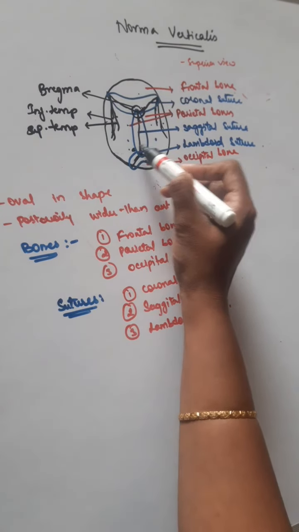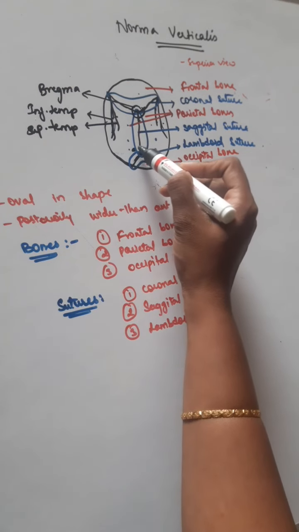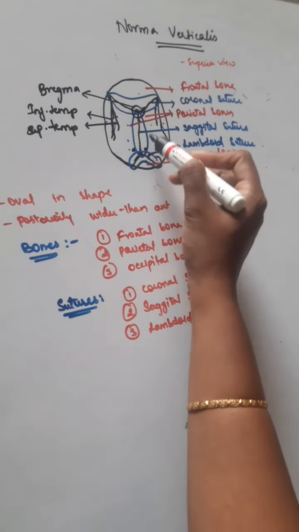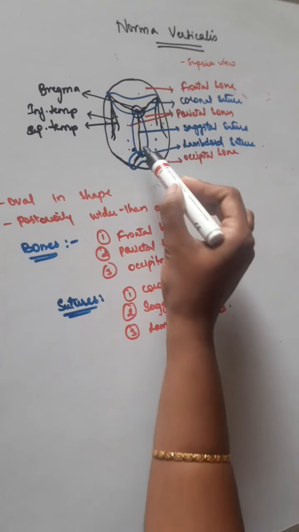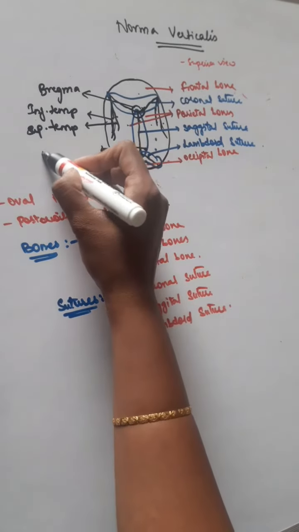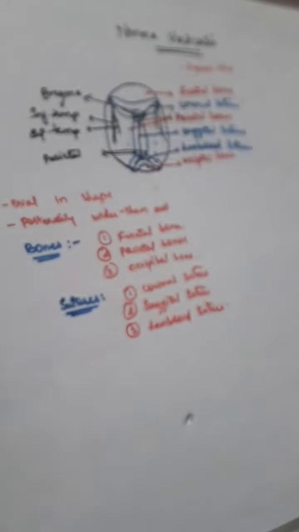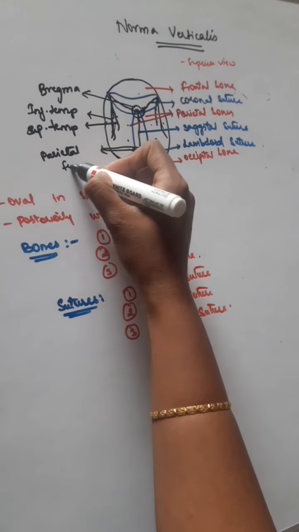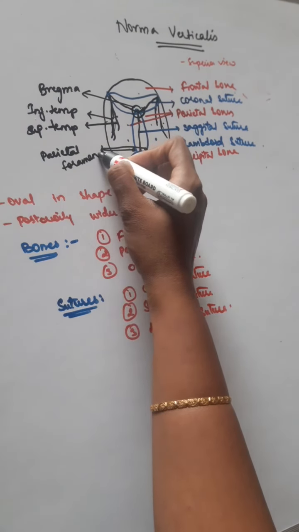And these are the two foramen which are present on the parietal bone, one on each side of the sagittal suture. These are nothing but the parietal foramen. As these foramen are present on the parietal bone, they are named as parietal foramina, plural form.